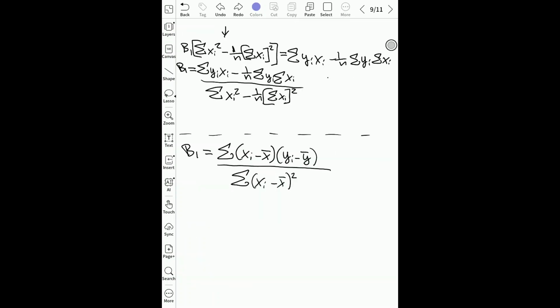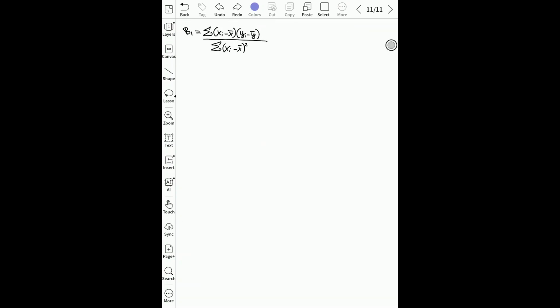So we can take this equation for beta naught and we can see, I mean, we'll clean this up just a little bit more now that we've covered what sum of yi is equal to.